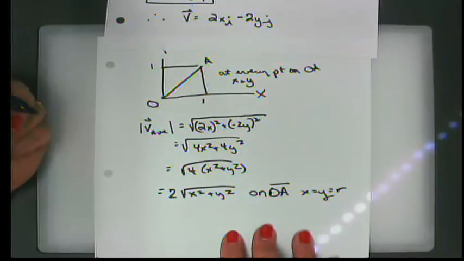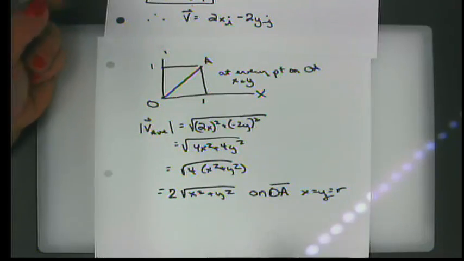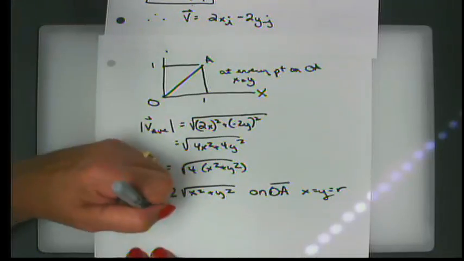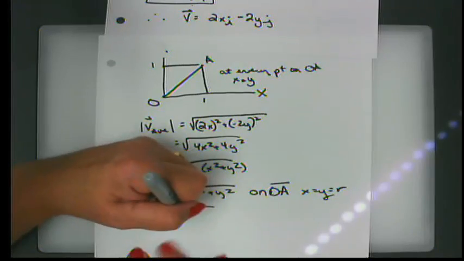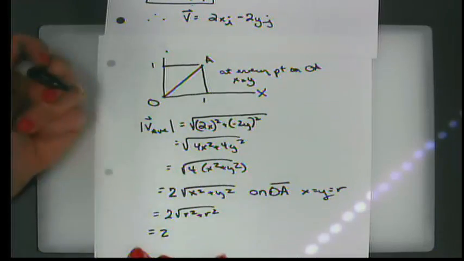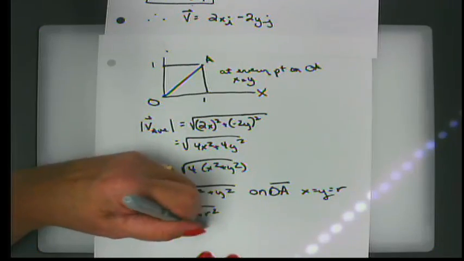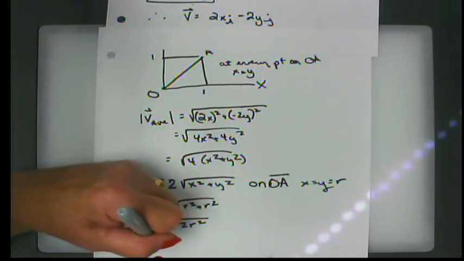I don't want to use z, because that makes it look like it's a z-directional thing. And r really is kind of an r based on the idea that it could be a radial component. So we can say 2 times, instead of x squared plus y squared, r squared plus r squared, equals 2 times the square root of 2r squared. And here this r will factor out, and we get 2 times r times the square root of 2.